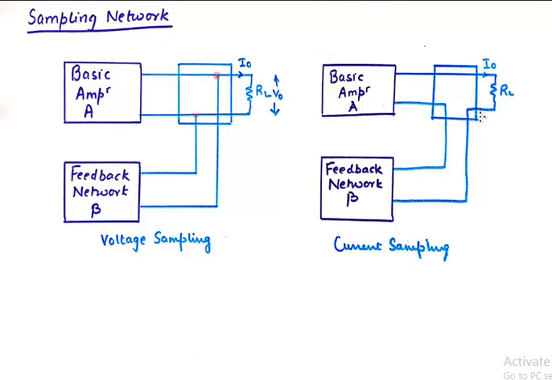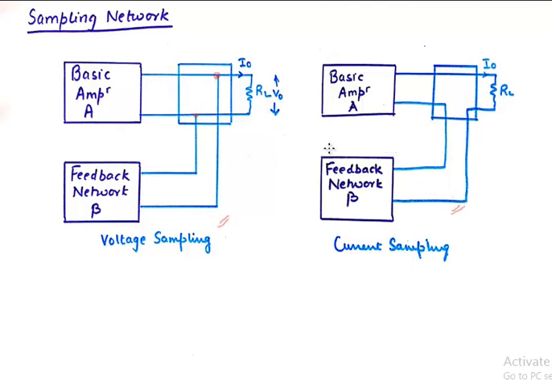And you always measure current in series, right? So what you do is you break the connection at the output terminal and give it to the feedback network as you would have measured some current here. So that's how these 2 connections are labeled as voltage sampling and current sampling.